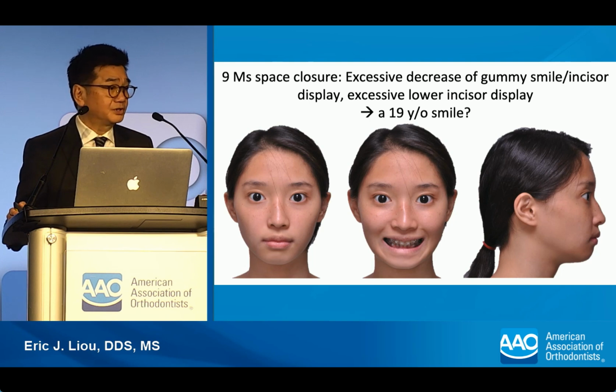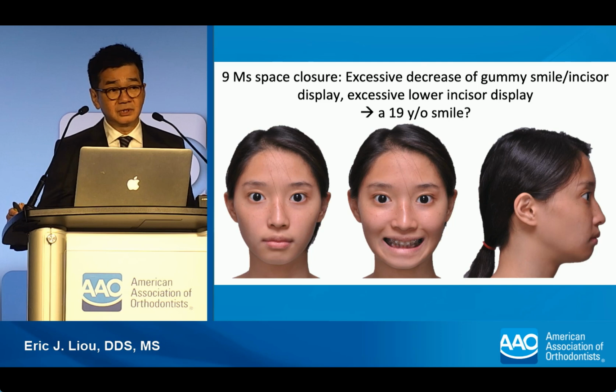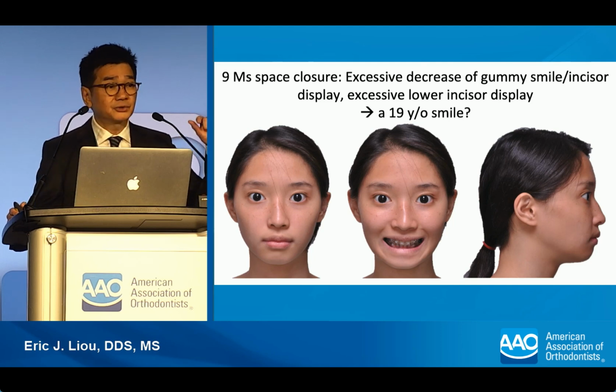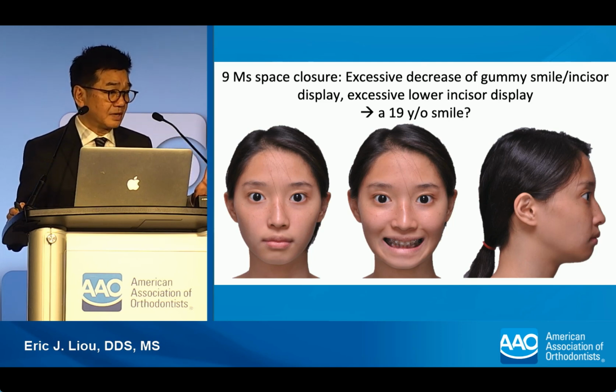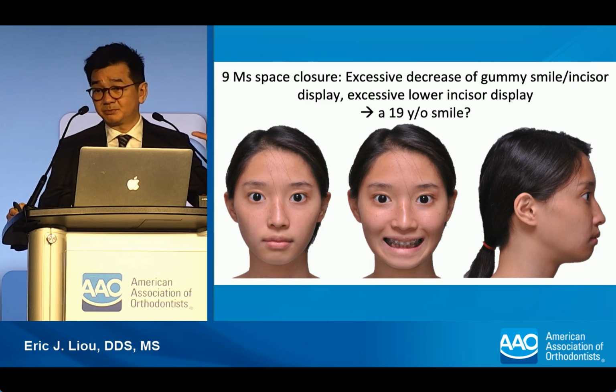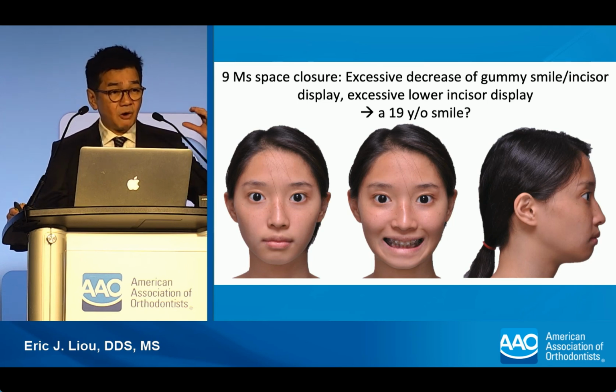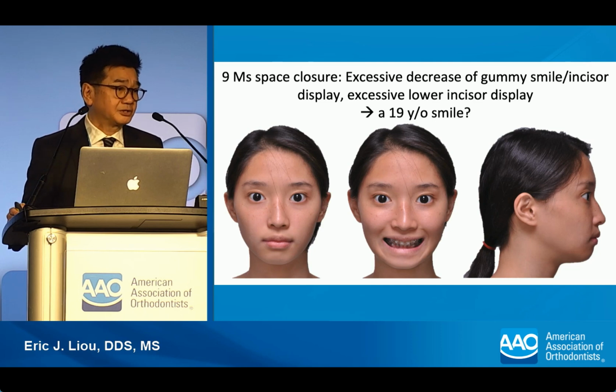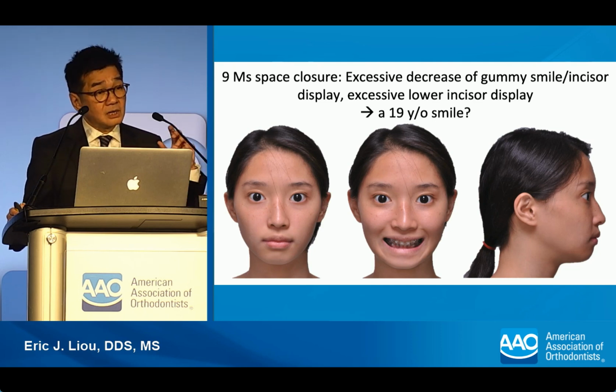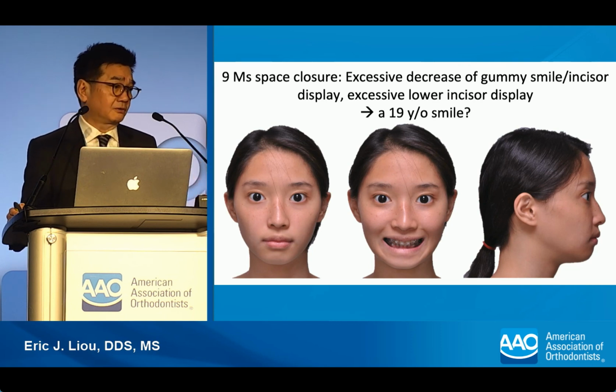But when she smiled, I think I decreased the gummy smile too much because I intruded the upper incisors too much. Now the upper incisor display has only two-thirds of the crown. So I don't think this is a good smile for a 19-year-old girl.